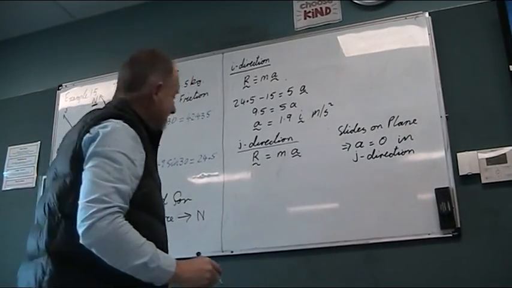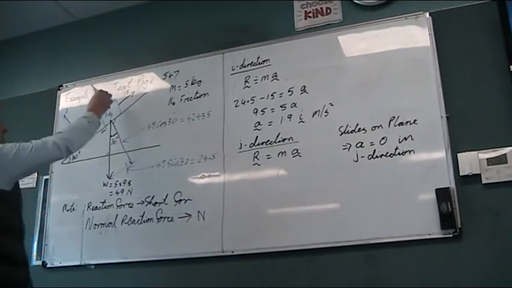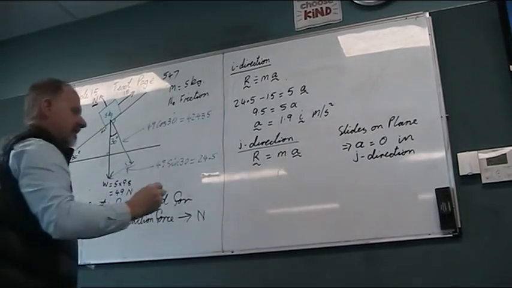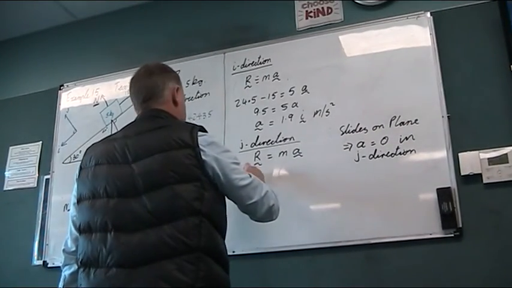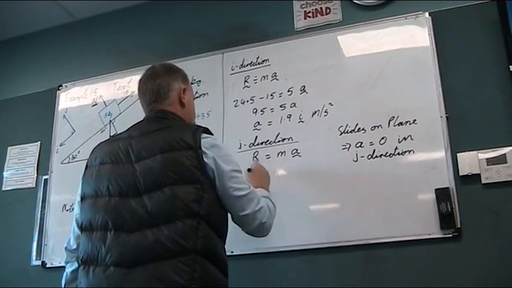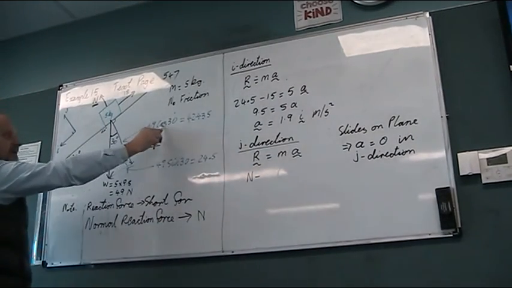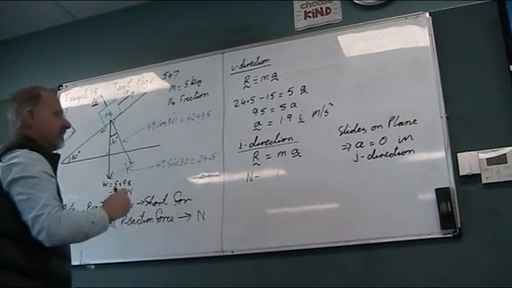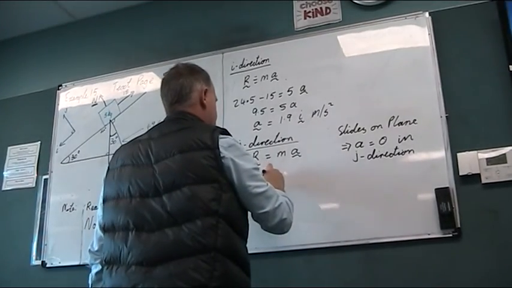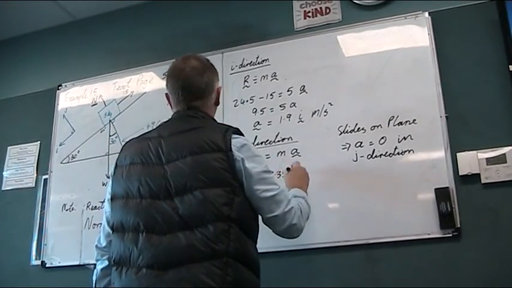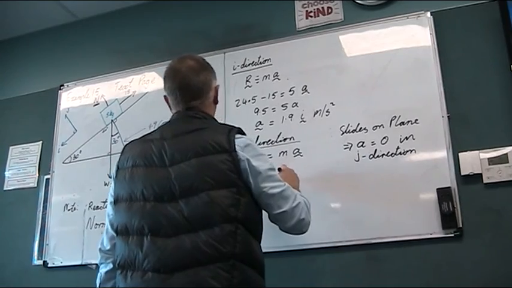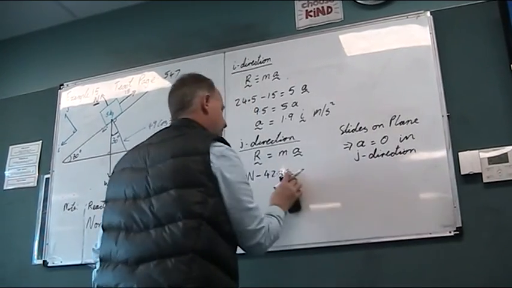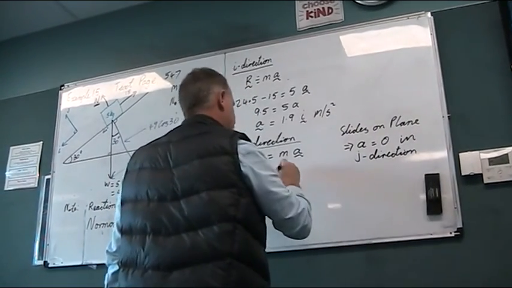So what are our forces? We've got our normal reaction force N minus this component of the weight force. It's at 90 degrees, so it's 42.435, not 42.35, 42.435.